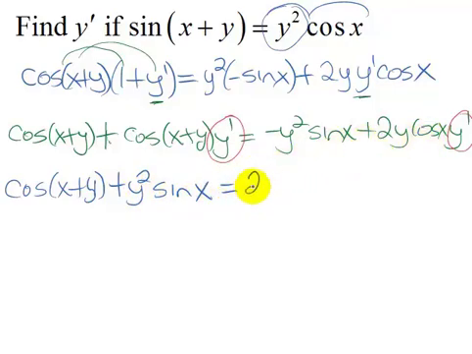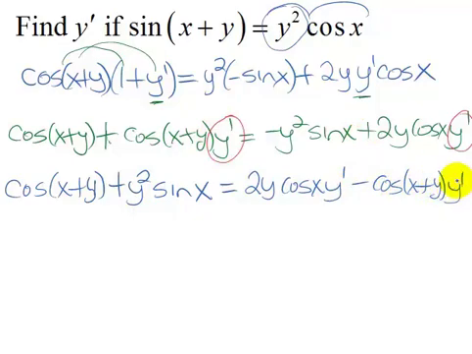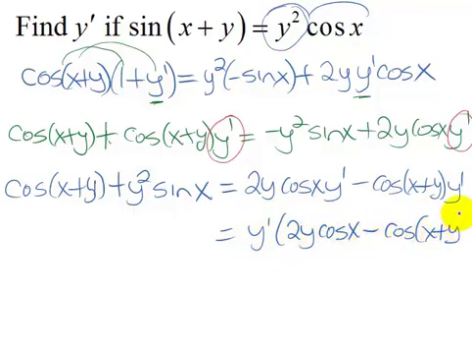And on this side we have 2y cosine x y prime, and moving this one over, minus cosine of x plus y times y prime. Now I can factor the y prime out and leave me 2y cosine x minus cosine of x plus y.